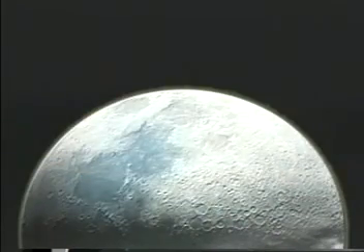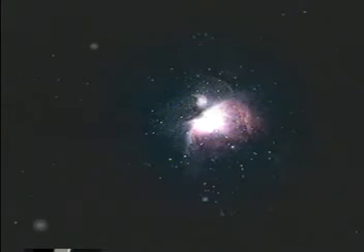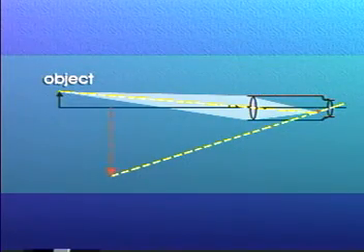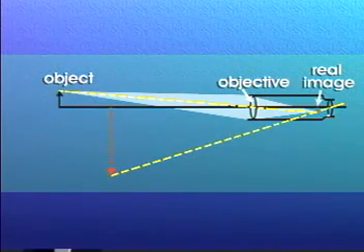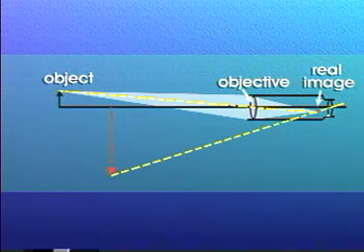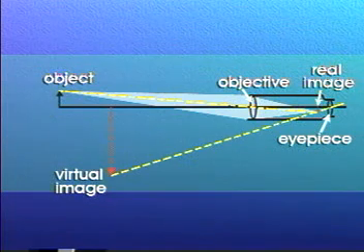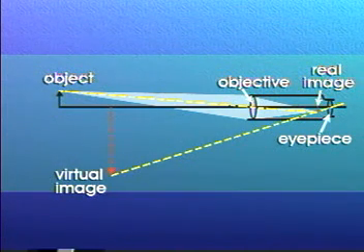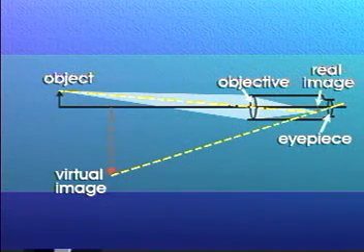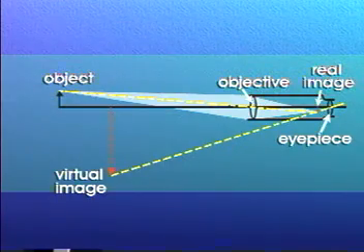These distant objects can be the moon or the stars. The image formed by this lens is real, inverted, and diminished. This image will then be magnified by the eyepiece here, which has a lens inside, and this lens has a short focal length. But the image is virtual, thus we can see it only by looking through the eyepiece lens.